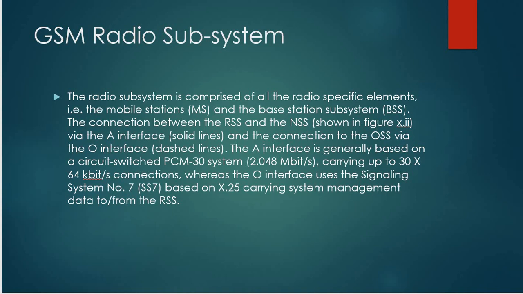The A interface is generally based on the circuit-switched PCM 30 system, carried out over 30x64 kilobit per second connections, whereas the O interface uses signaling systems based on X.25, carrying system management data to and from the BSS.